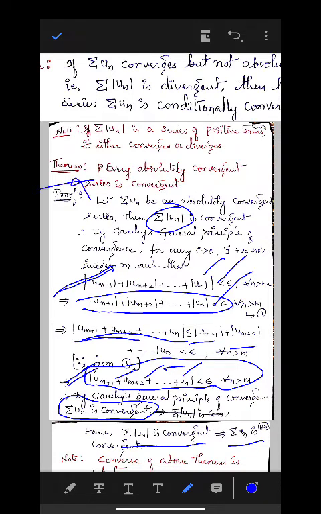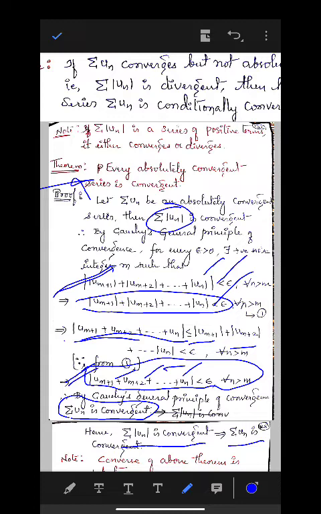and they can ask, is every convergent series absolutely convergent? So my answer is no. It could not be, right? It could not be absolutely convergent.